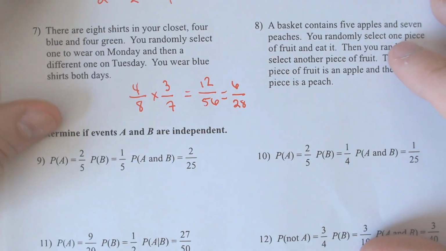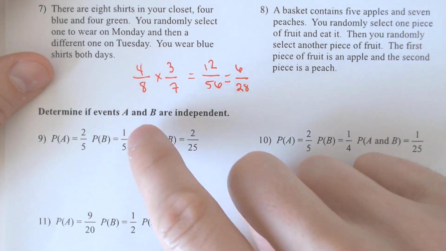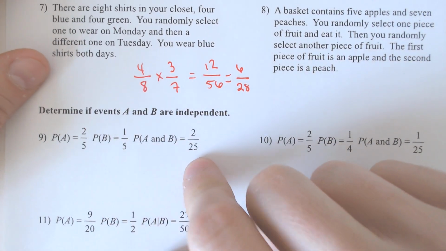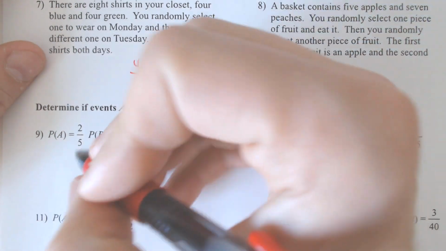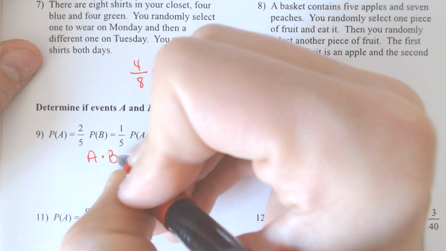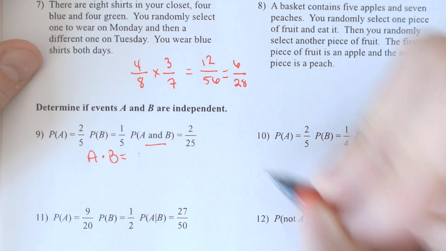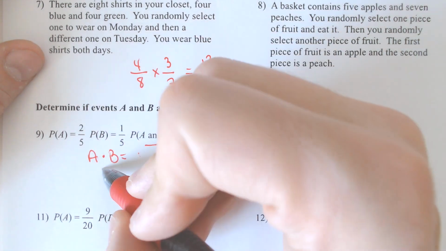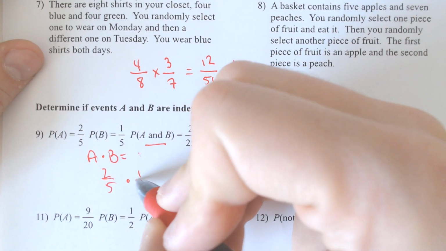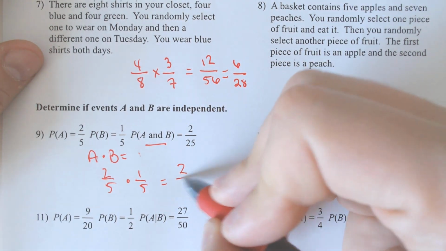All right. The next part, determining if events are independent. Here, if and only if you multiply A times B and it equals A and B, then they will be independent. So is 2 out of 5 times 1 out of 5 equal to 2 out of 25?